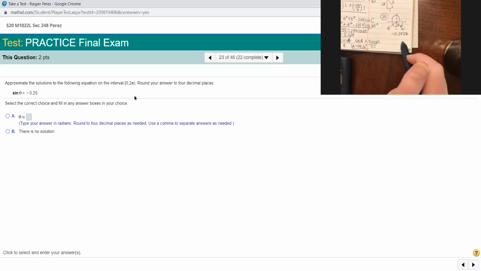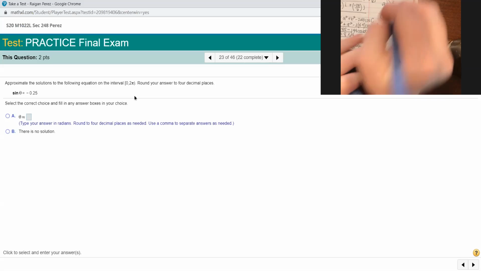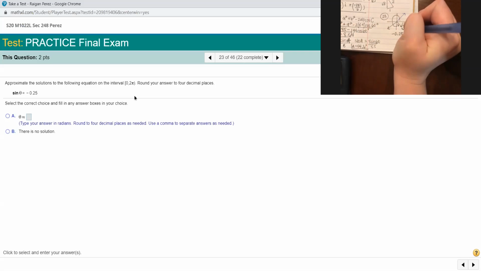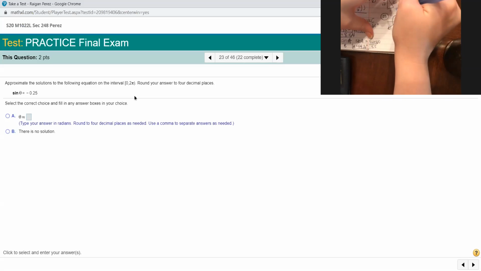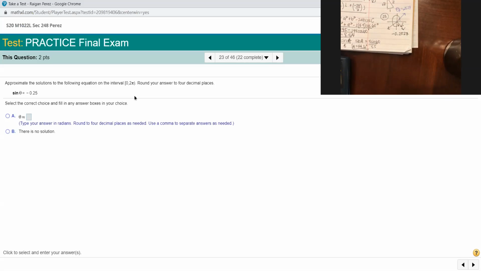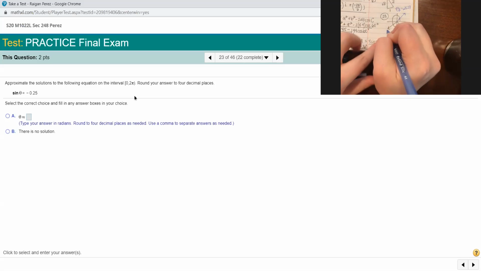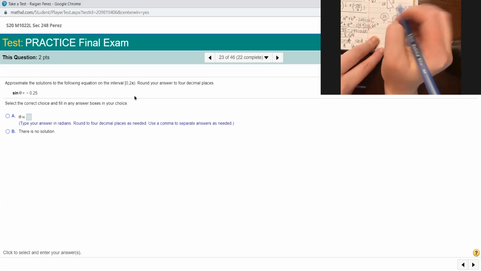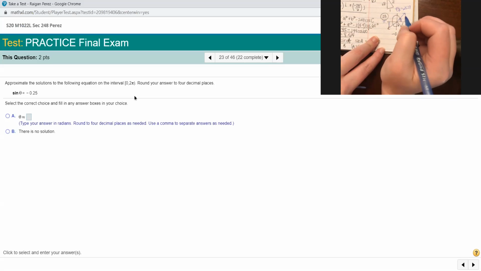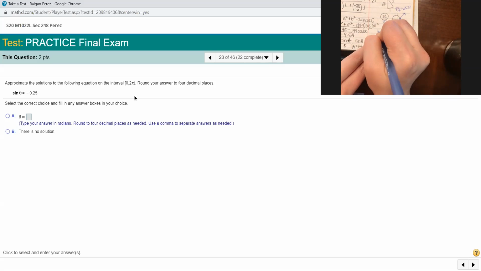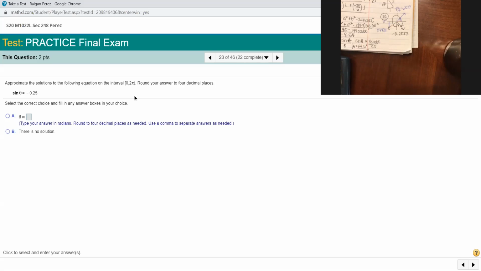So first, I'm going to find my reference angle, which always goes right here. But it would be the opposite of this, right? So my reference angle is 0.2527 with the positive version. So this one right here would be pi plus the reference, because this is the same as this. That's the reference angle. So I'm going to do pi plus the reference angle for my first answer.